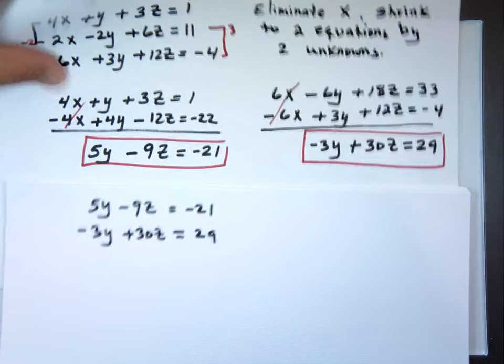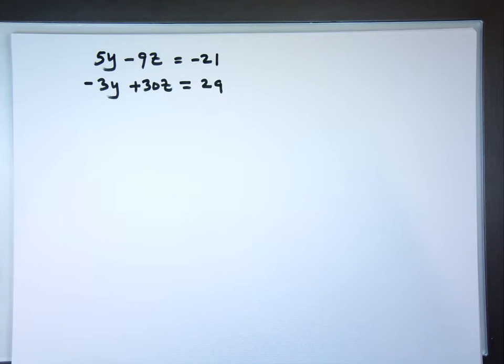Any method. You can use substitution, you can use elimination method, you can use determinants for 2 by 2, whatever method you want to use. So which one you want to use here? Any preference? What is it? Elimination by addition? Okay. What do you want to eliminate?